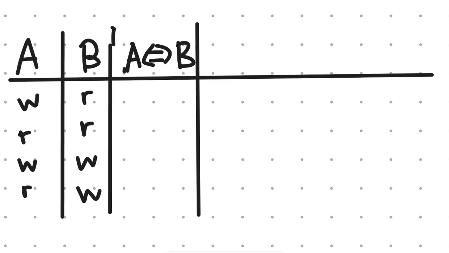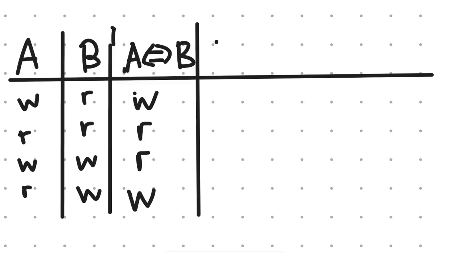If anything else is there, then the equivalence principle will not be right at all. It will rather be wrong. So since we have wrong, right, this will be wrong. Since we have right, right, this will be right. Since we have wrong, wrong, we have right, since we have the same thing on both sides. And wrong, right, which means we have a wrong here. Okay?